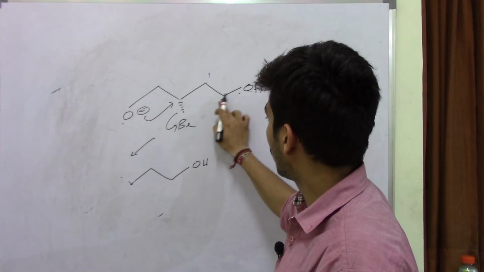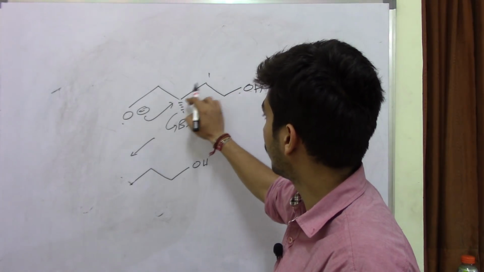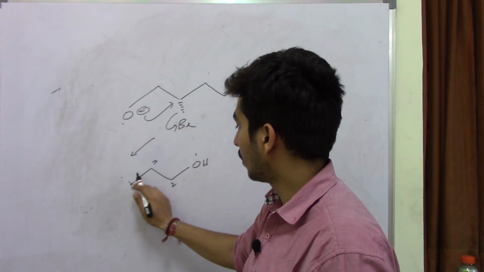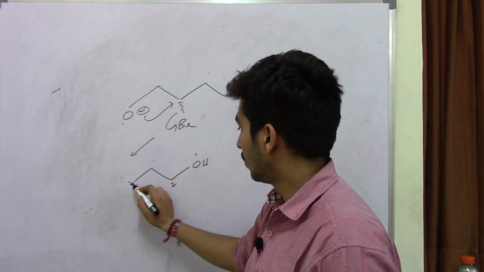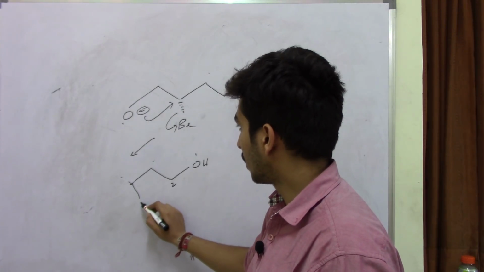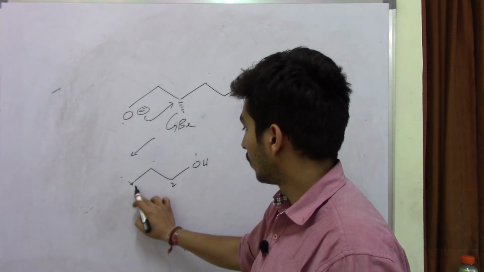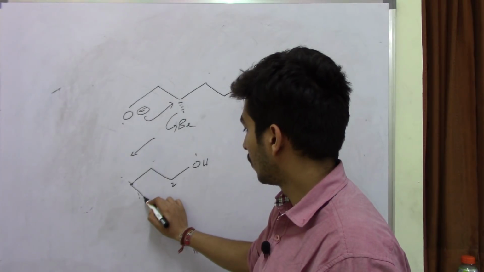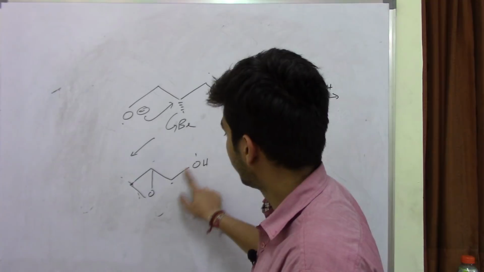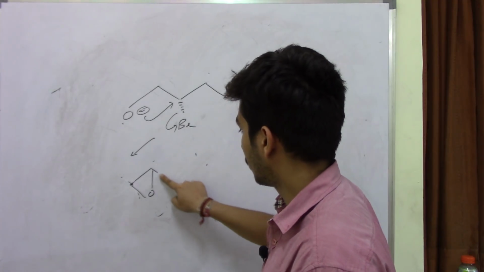So 1 2 3 4, fourth center. 1 2 3 4. So this is our fourth center, and to this we have our oxygen attached. Sorry for this interruption.